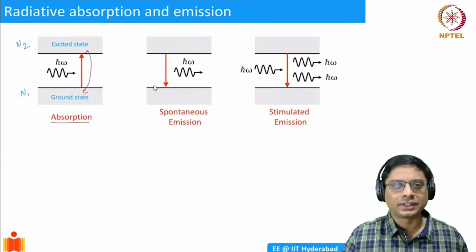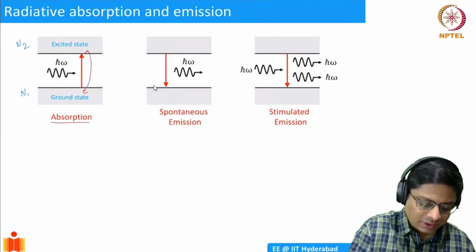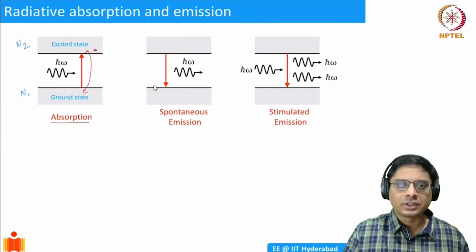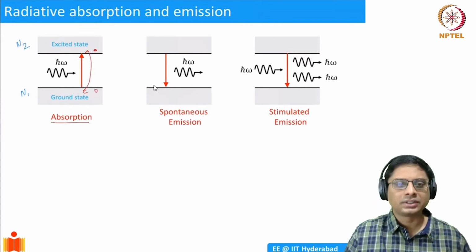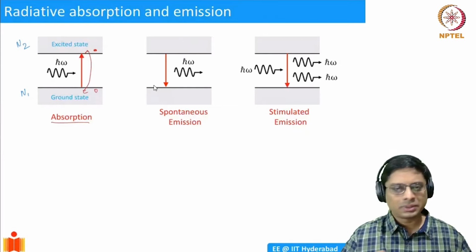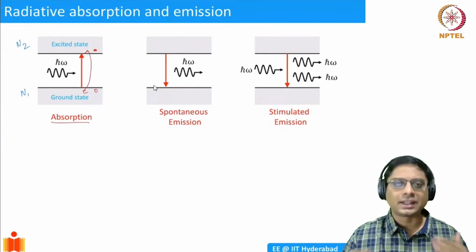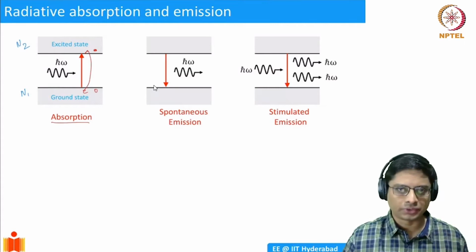It can take it to an excited state. So in the case of a semiconductor, you will have an electron in the conduction band and a hole in the valence band. Right? This is what is happening in a semiconductor. Or you could simply just excite an electron in the gas. You take it to a higher energy level. This is the absorption process.